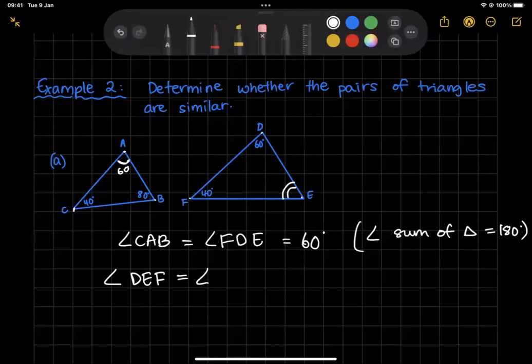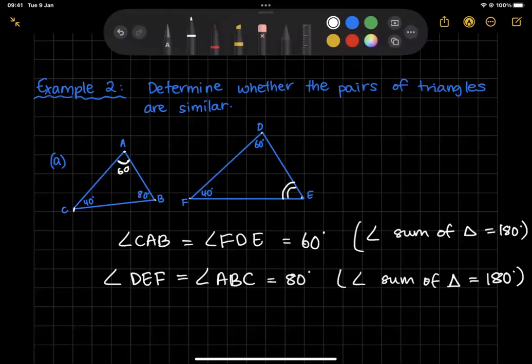Check that with your calculator, and I presume that would be right. It is equal to angle ABC, which equals 80 degrees, because of the angle sum of a triangle, which equals 180 degrees. Okay, we've got those two.